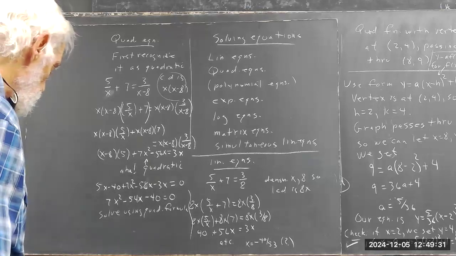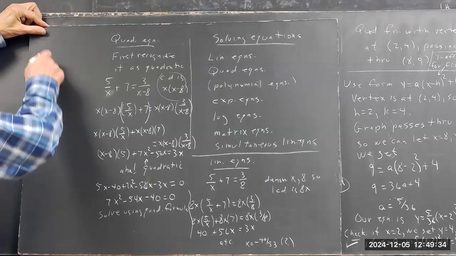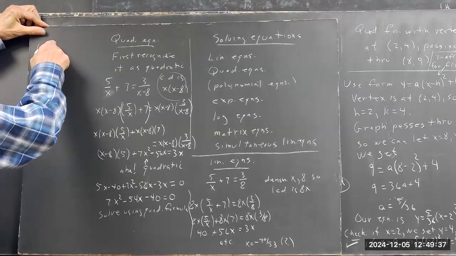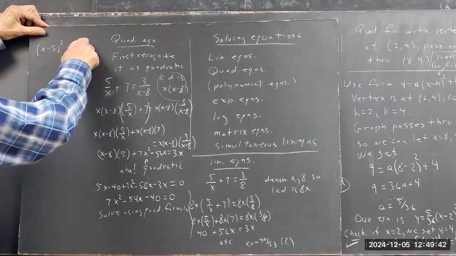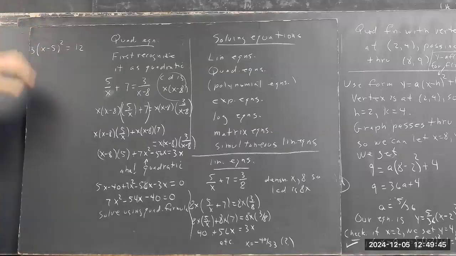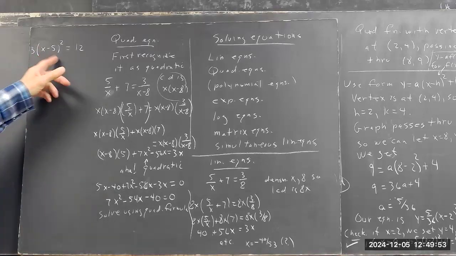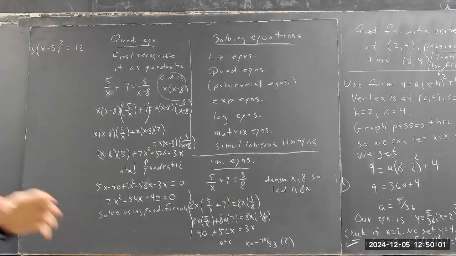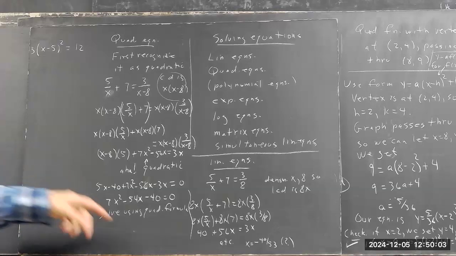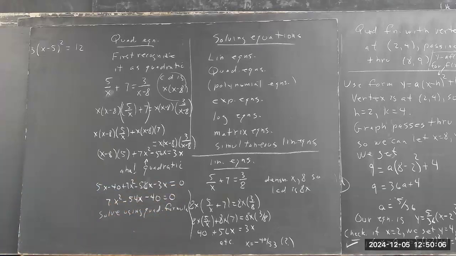Another form a quadratic equation could occur in is like three times the quantity x minus 5 squared equals 12. Now you can expand that square, you get 3 times the quantity x squared minus 10x plus 25 equals 12, and bring everything over onto the left side and use the quadratic formula if necessary.